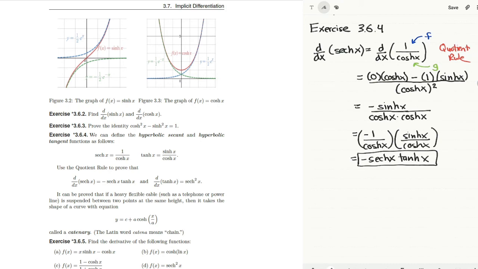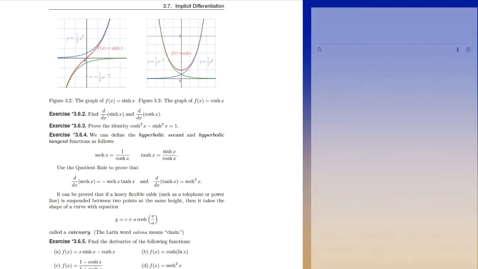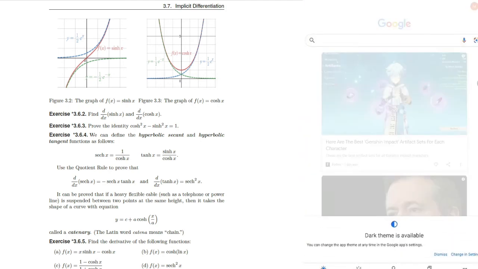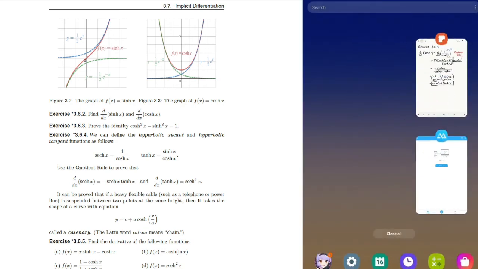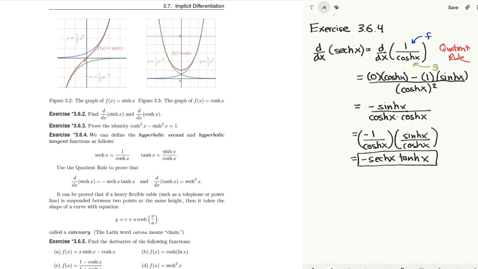And now let's find the derivative of hyperbolic tangent.